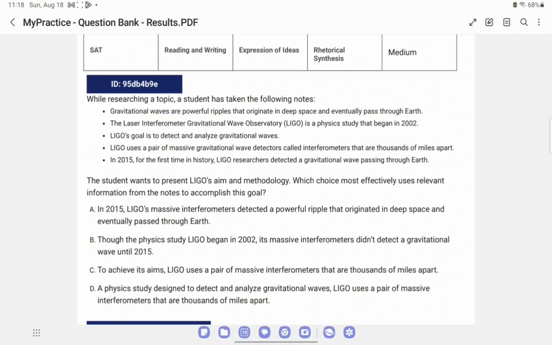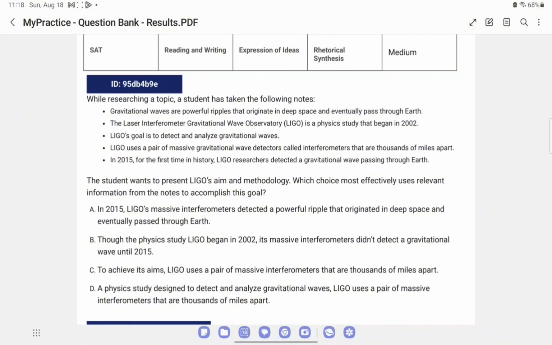A, in 2015, LIGO's massive interferometers detected a powerful ripple that originated in deep space and eventually passed through Earth. I don't know about their aim through that. Okay, B, though the physics study began in 2002, its massive interferometers didn't detect a gravitational wave until 2015.